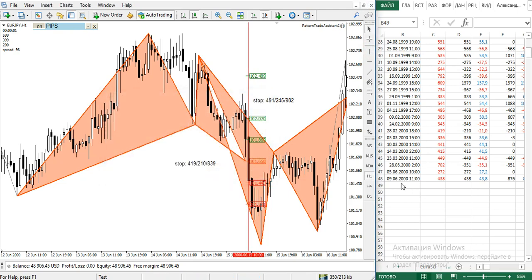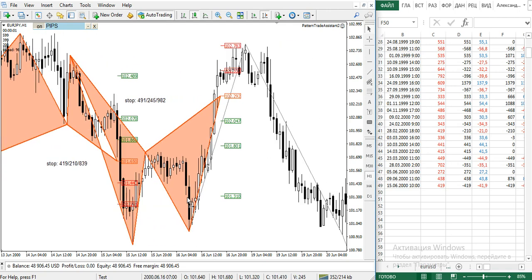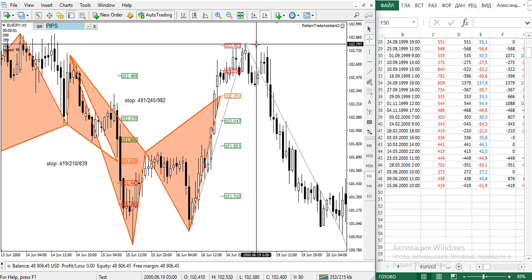The pattern was okay. It was simply a losing pattern. Sometimes they lose, regardless of your trade management, regardless of your skills or whatever. I suppose we hit stop loss and then reversed to the downside.